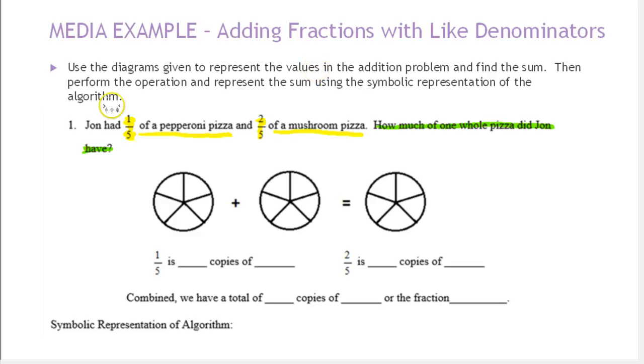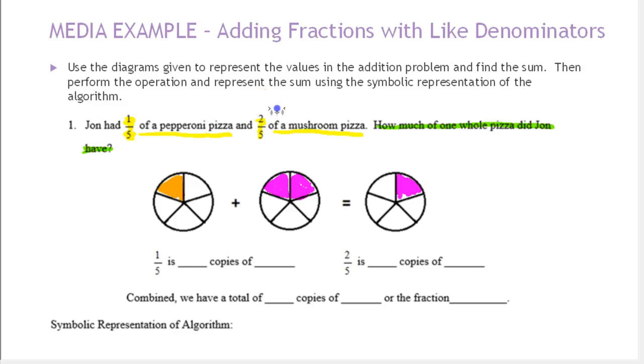So first 1/5, we're going to fill in 1 out of the 5 pieces. For 2/5, we're going to fill in 2 copies of 1/5 of the pizza. And then our result, for addition, we're combining these amounts.